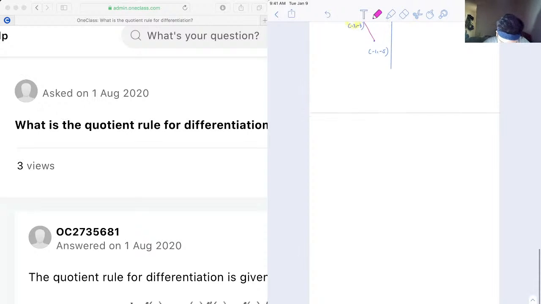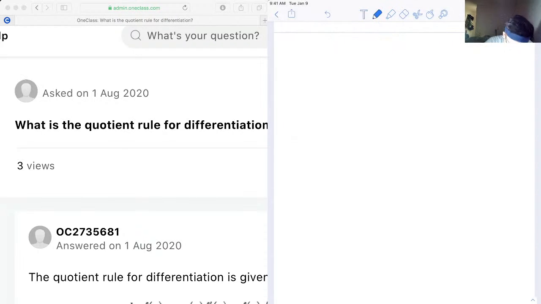Okay, so next we have: what is the quotient rule for differentiation?